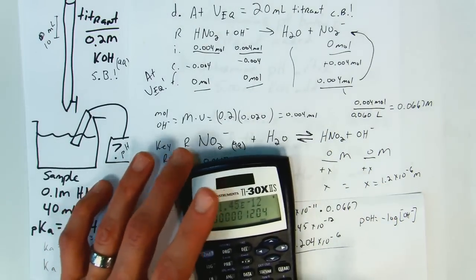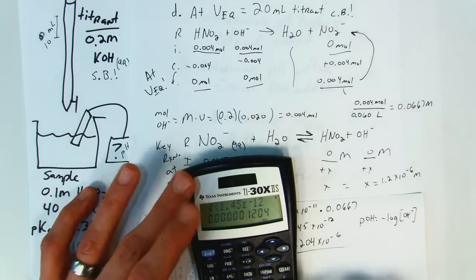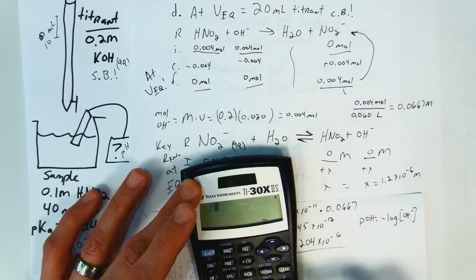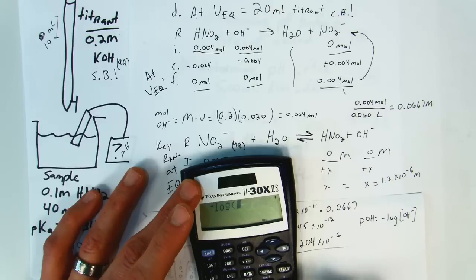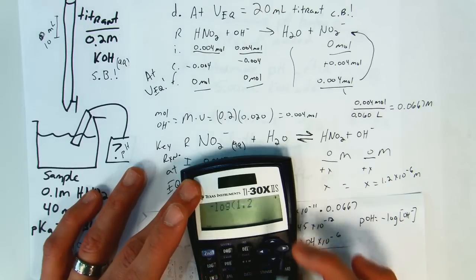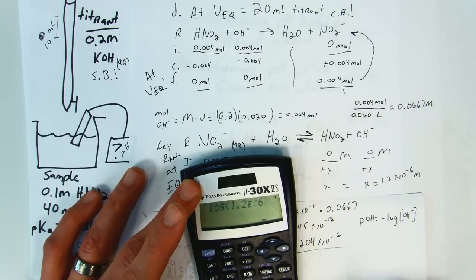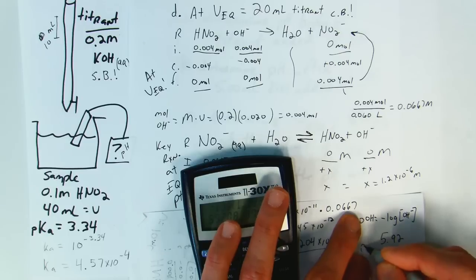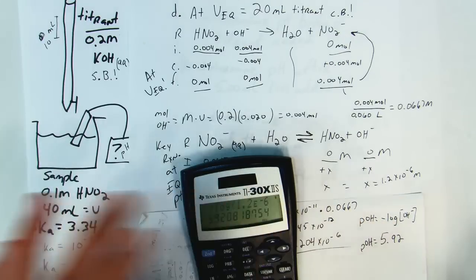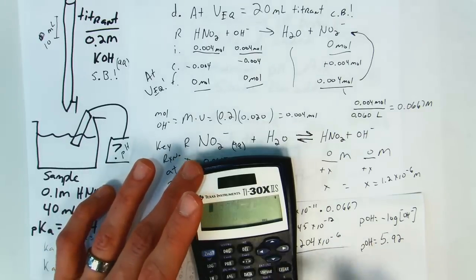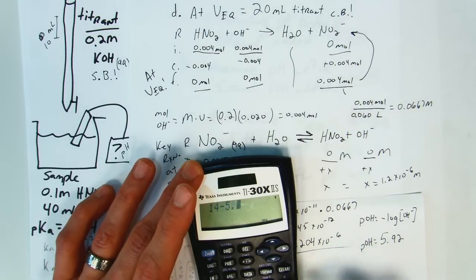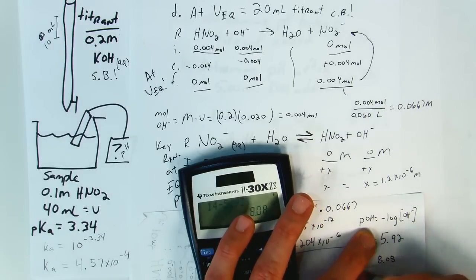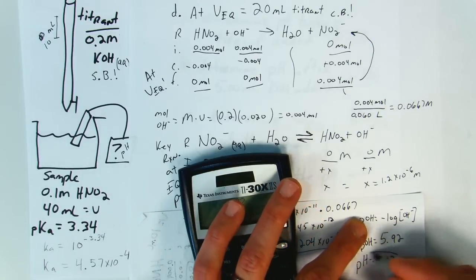Negative log of 1.2e to the minus 6, and I get 5.92. That is not my pH, that's my pOH. But if I do 14 minus 5.92, I get 8.08 for my pH at this point.